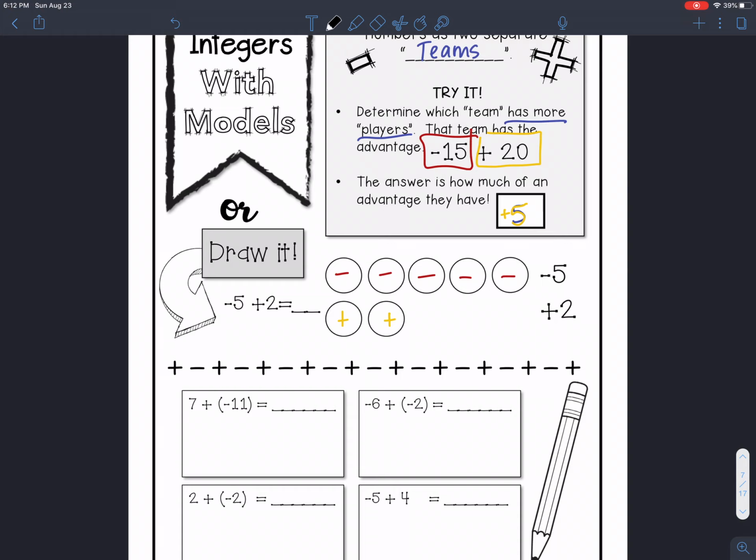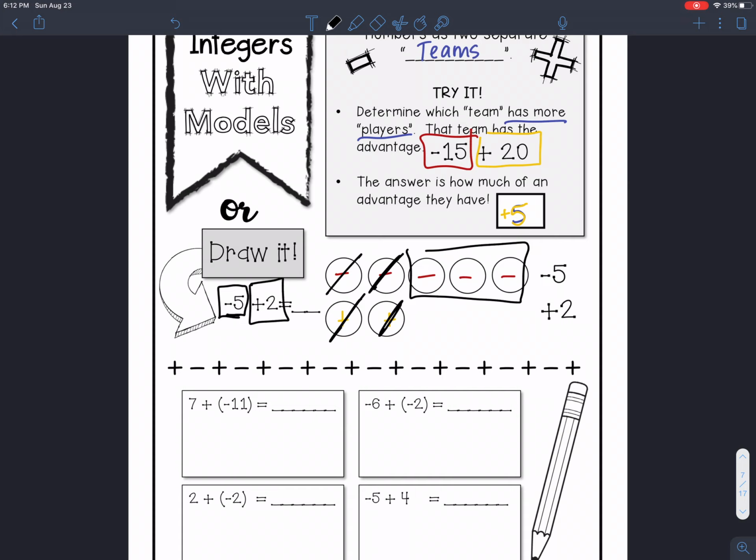So here's an example of an addition problem where we have negative 5 and positive 2. So we have negative 5 players and 2 positive players. The players are going to cancel each other out. These 2 guys battle and these 2 guys battle, and then we are left with these 3.